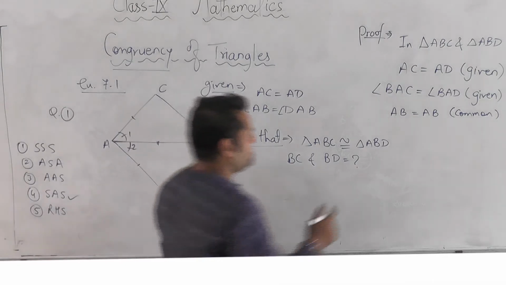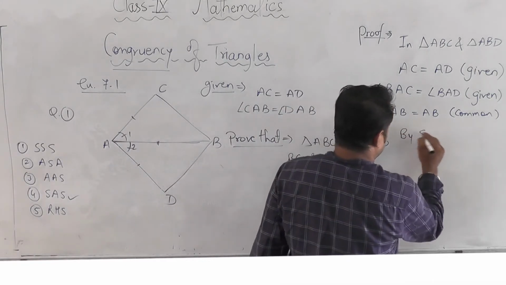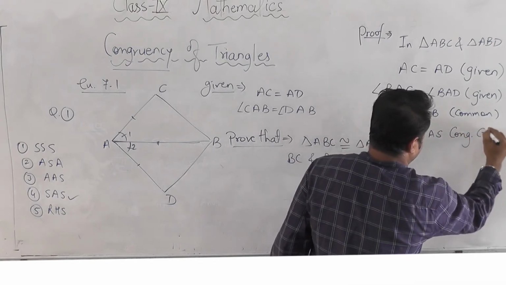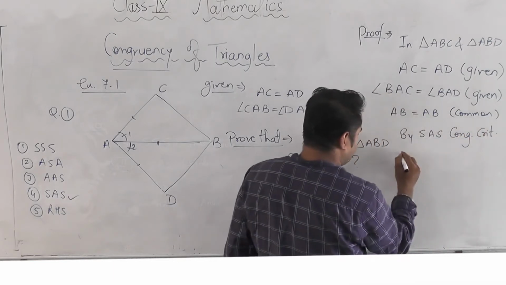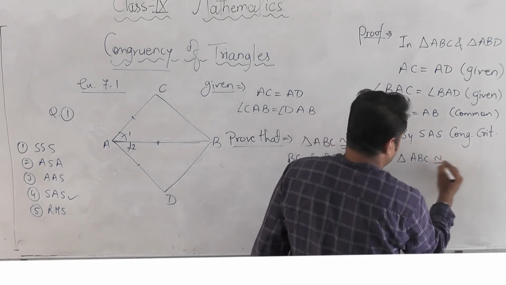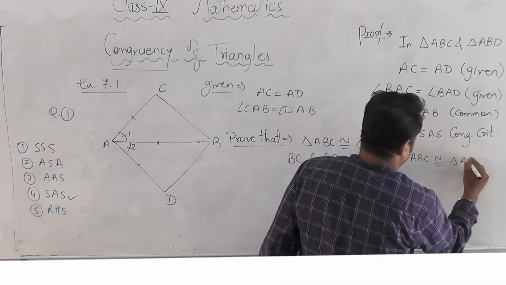So by the SAS congruency criterion, both triangles are congruent, so triangle ABC is congruent to triangle ABD.